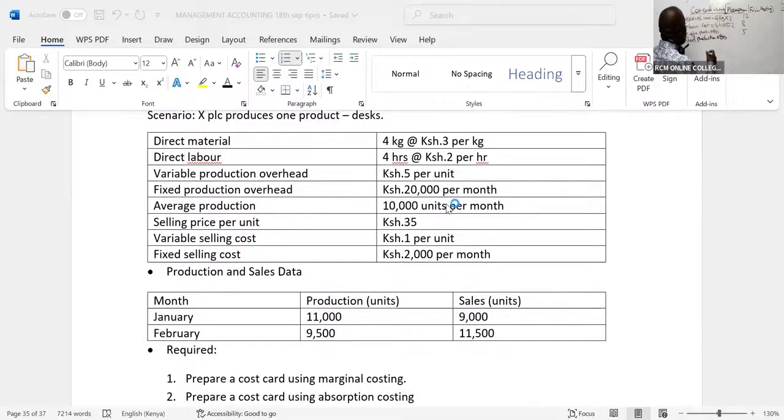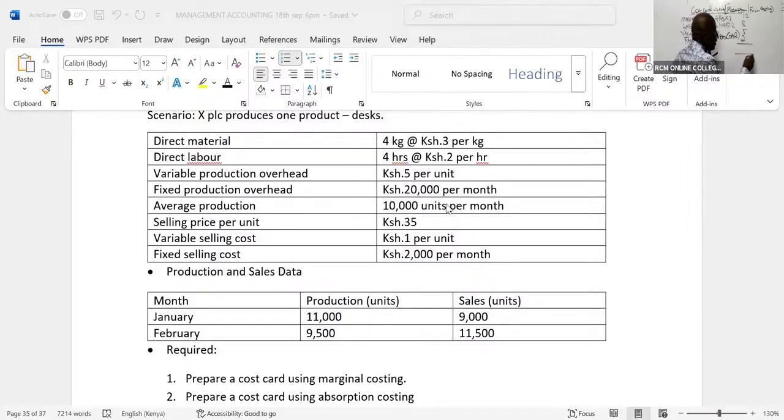So then I will calculate what we call OAR, overhead absorption rate per unit, which will be 20,000 divided by how many units? 10,000. So you take the total fixed overheads over expected production to make it for 1 unit, which in this case gives us 2. The 20 you were guessing was almost there, right? So we have 2 there.